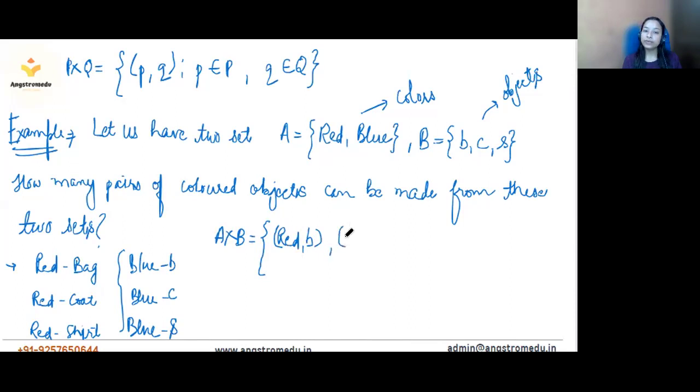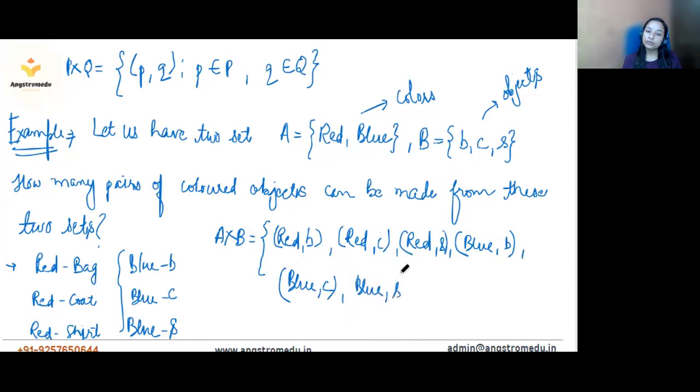Then the same, one element from set A, then another element from set B. Then it will be red shirt, then blue bag, blue coat, blue shirt, and a curly bracket closed.